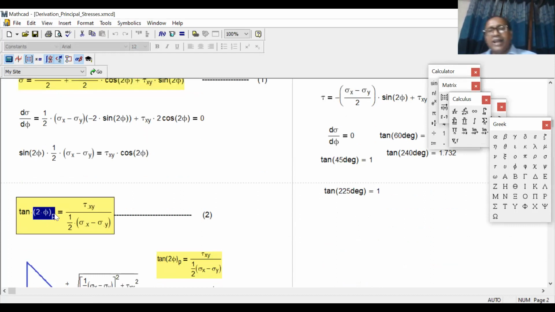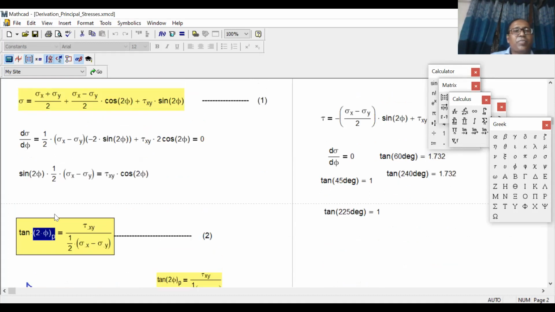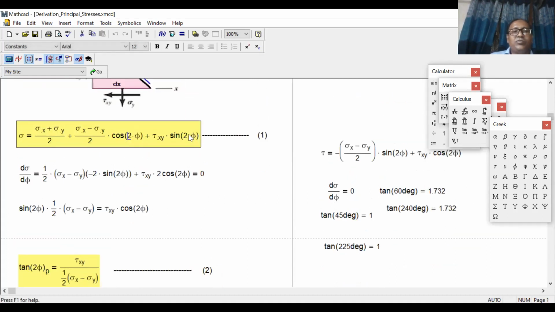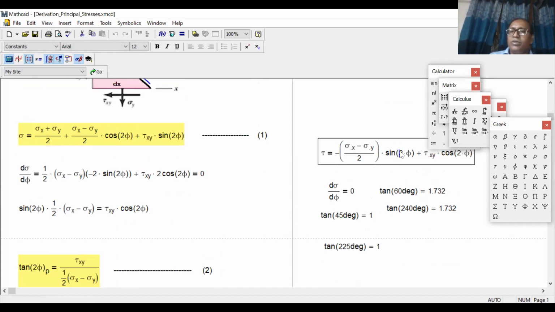We are getting that at angle 2 phi p, sigma will be maximum. Say 2 phi p equal to 80 degree, got after calculation. Then right over here, you can put 2 theta equal to 80 degree. Similarly, in tau equation, you put 2 phi equal to 80 degree. Then you see the result automatically.